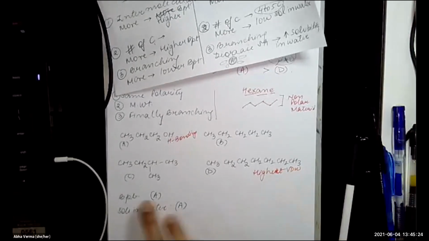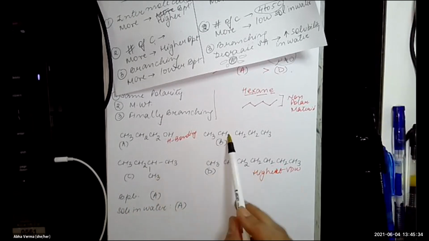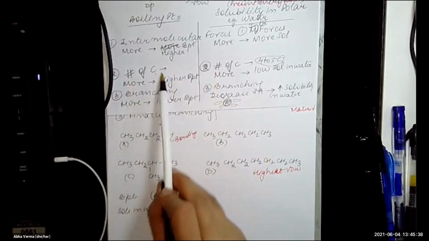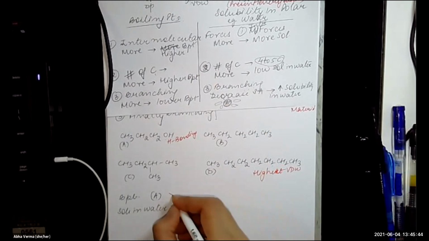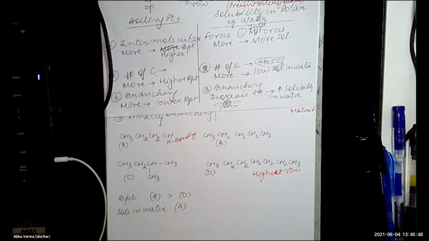And so in terms of boiling points, my D will have the highest boiling point. Remember, the more carbons, the higher the boiling point will be. So D is going to have my highest boiling point.